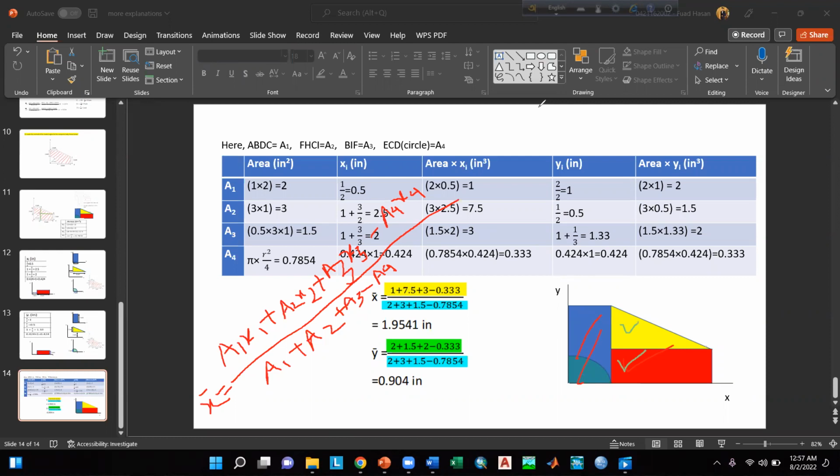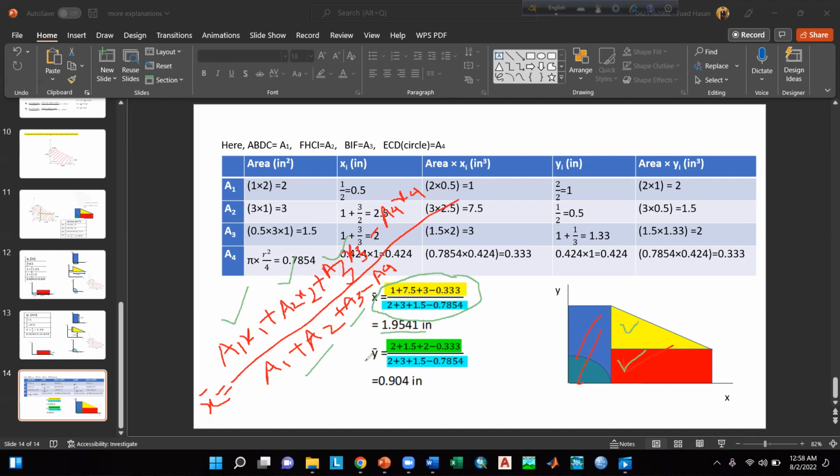So that's why the formula is a1 x1 plus a2 x2 plus a3 x3 minus a4 x4 divided by a1 plus a2 plus a3 minus a4. So if you put the values here from the table, you will get a result of 1.9541 inch.